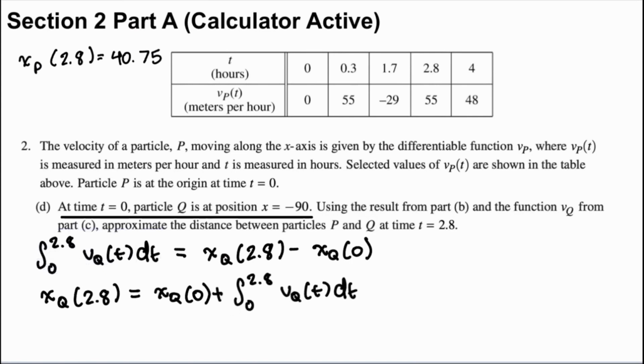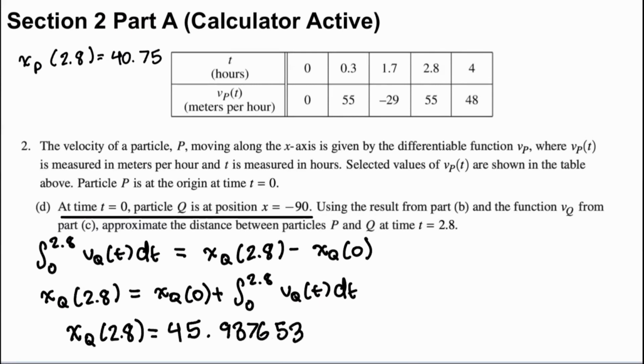So we're just going to plop that right in there. And that is straight to the calculator because we know what the function is equal to. And we know that x of q of 0 is equal to negative 90. So if you just do negative 90 plus math 9 and do the integral out, we get that xq of 2.8, the position of particle q at time 2.8, is going to be equal to 45.937653. This isn't the final answer, which is why I kept that string of decimal values.